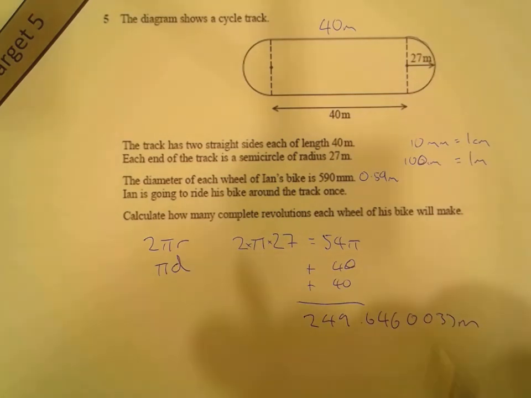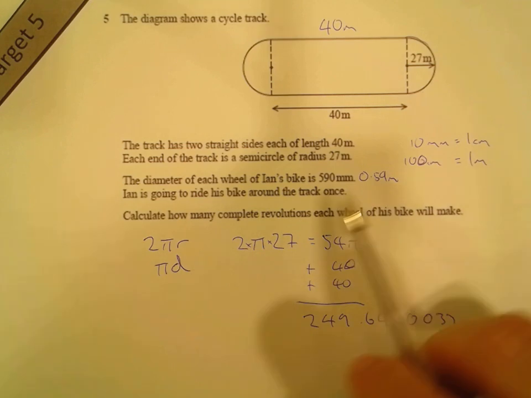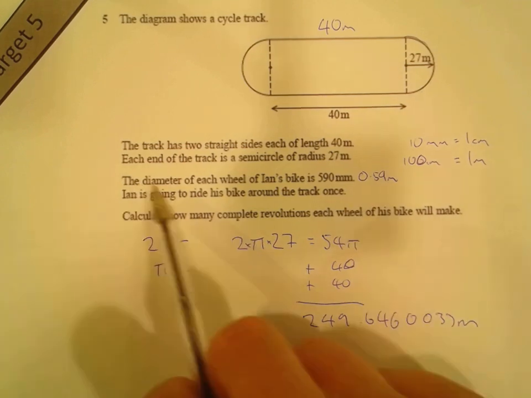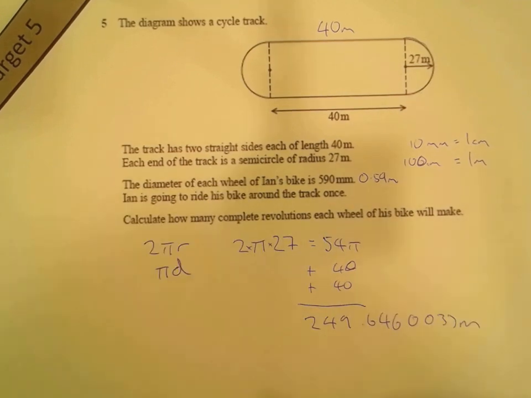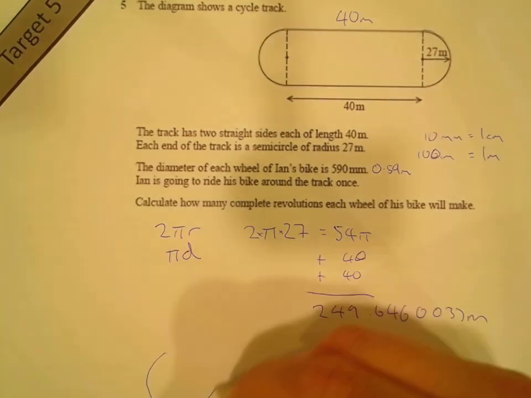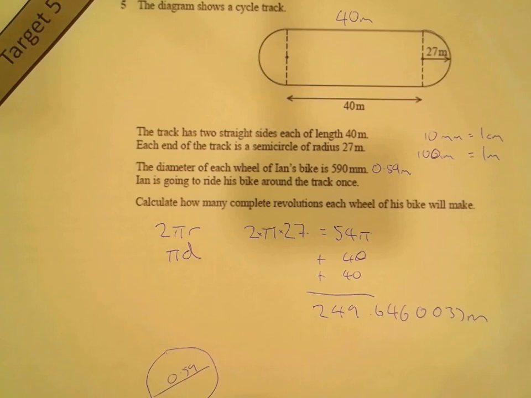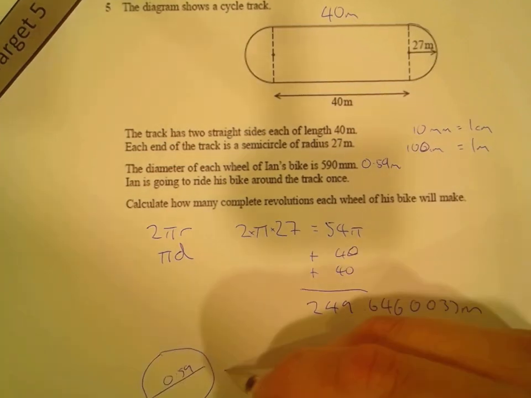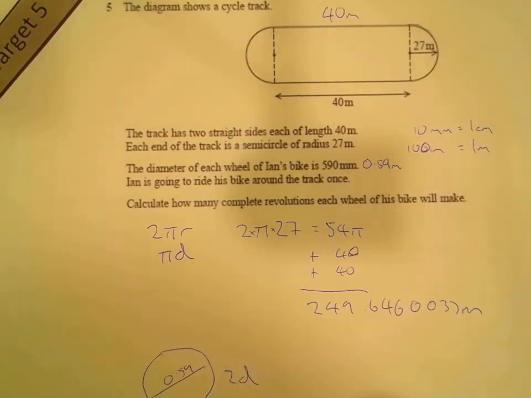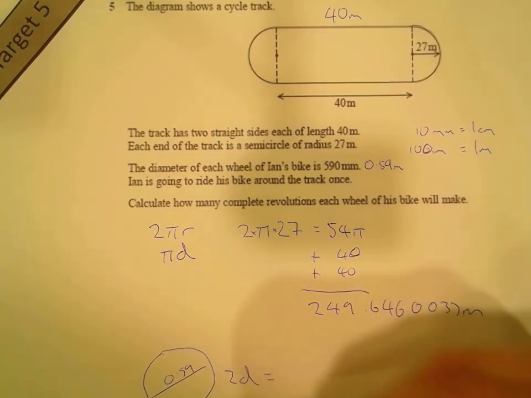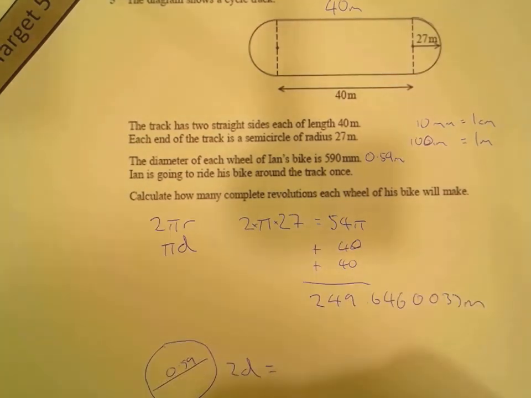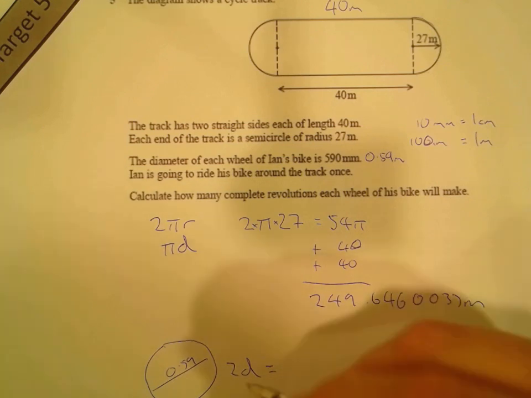I've got to be careful because the diameter of each wheel of Ian's bike is 590 millimetres, so the diameter of his wheel is 0.59 metres. This time I need to use pi d, because I've already got my diameter, to work out how far around our wheel is. Be careful: pi d, not 2d.